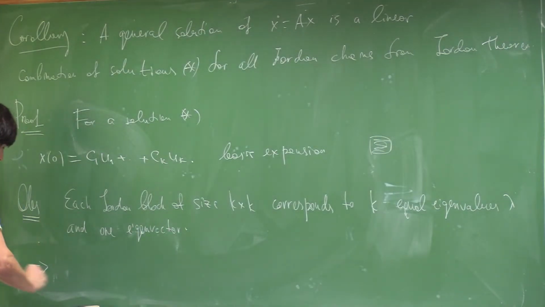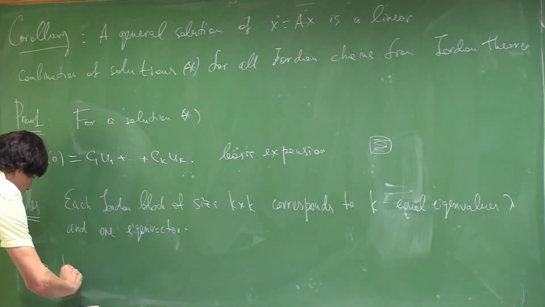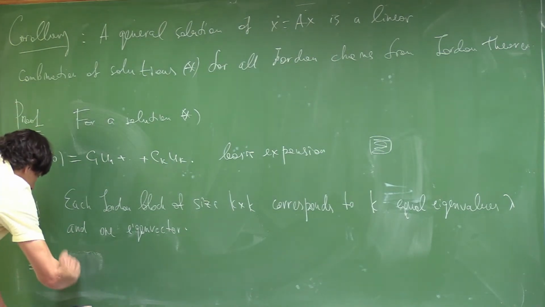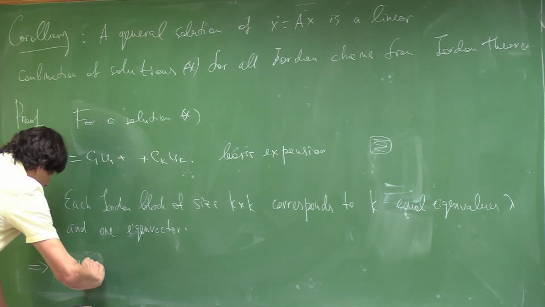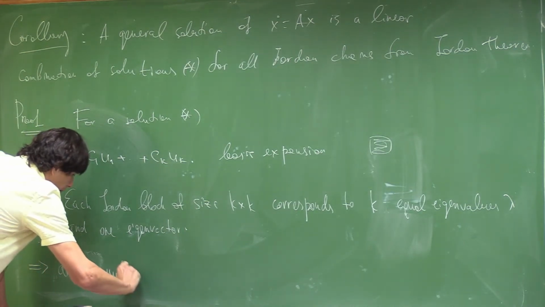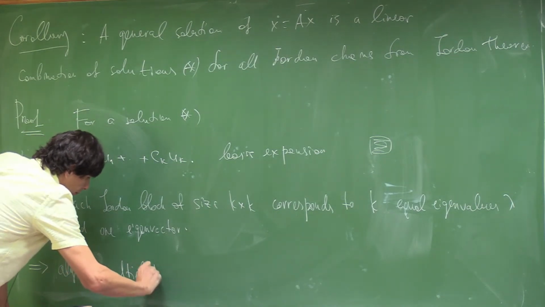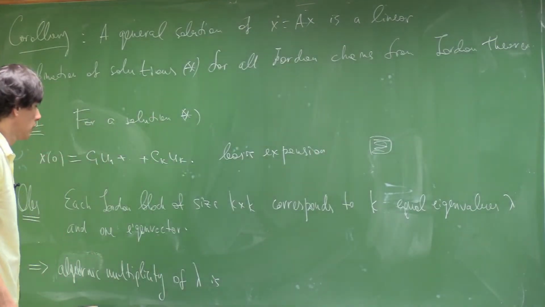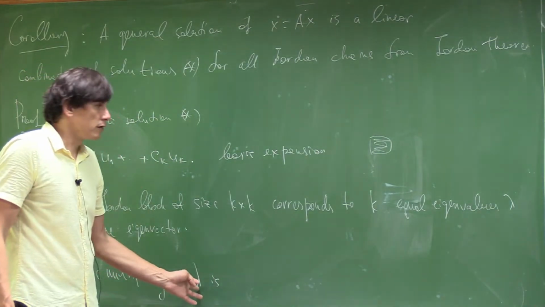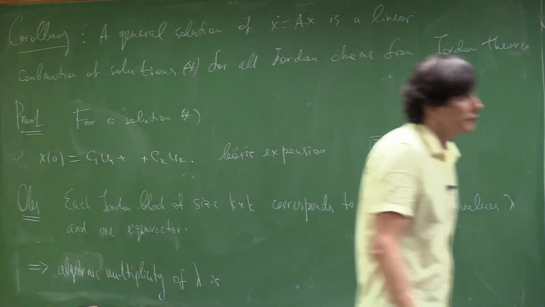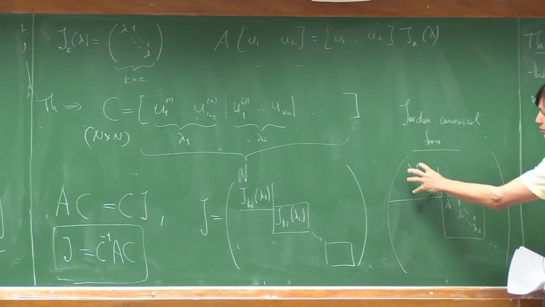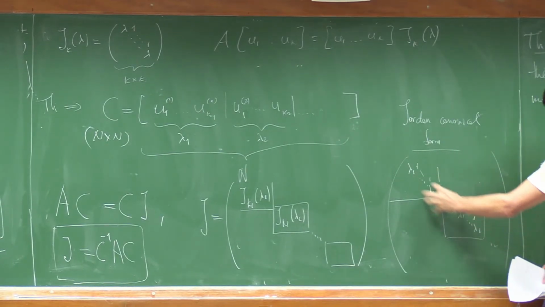So what does it mean? That means that if we consider some eigenvalue, in the Jordan form it should appear in one or several blocks. So the algebraic multiplicity is just the sum of the sizes of the corresponding blocks.